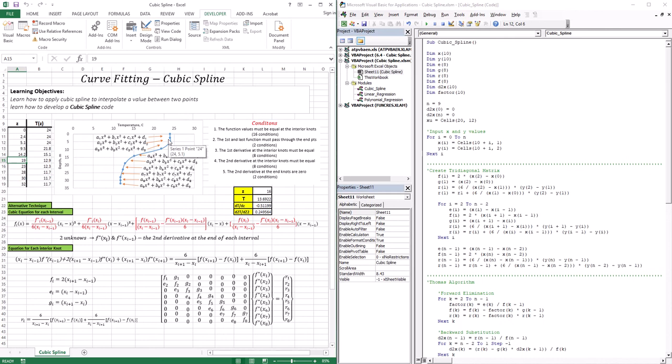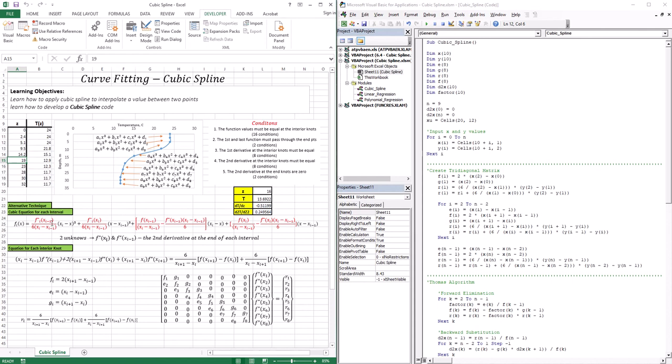So we went from needing 36 equations to only 8 equations, or 8 unknowns, which is the second derivative at each of the interior points. Keeping in mind that the second derivative at the end knots is 0, okay?